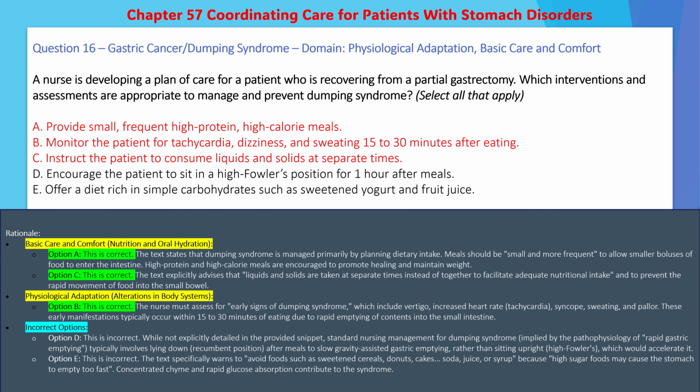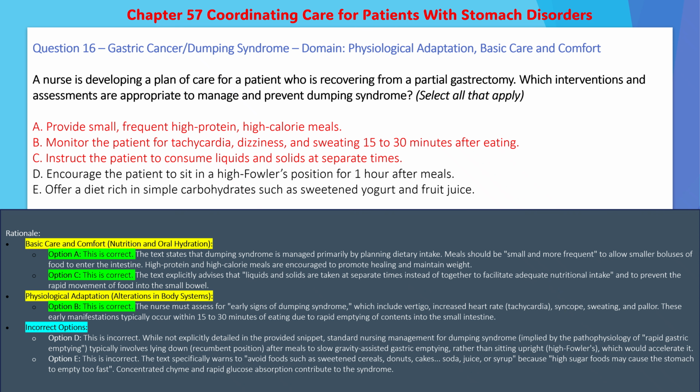Option E is incorrect because you should avoid foods such as sweetened cereal, donuts, cake, soda, juice, or syrup, because high sugar foods may cause the stomach to empty fast. Concentrated chyme and rapid glucose absorption contribute to the syndrome.